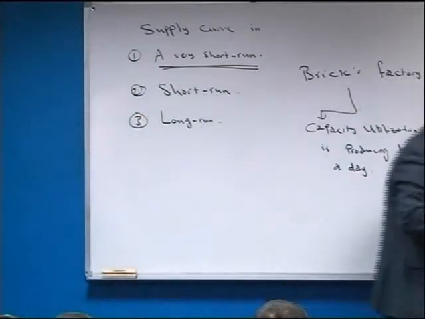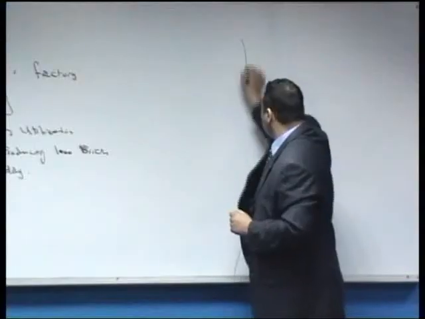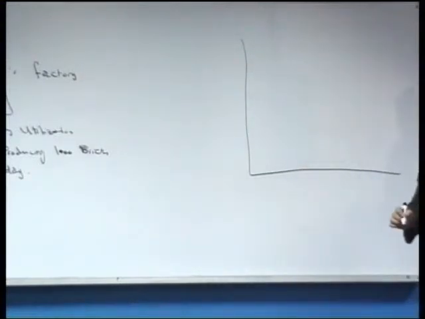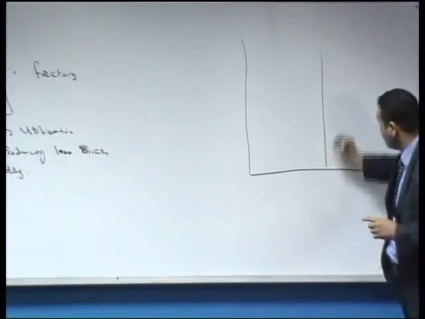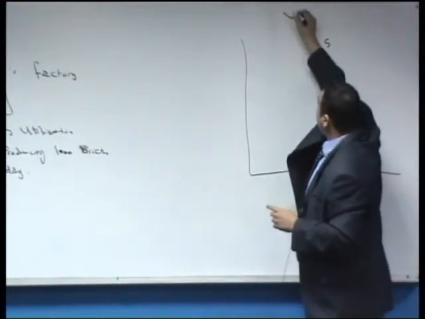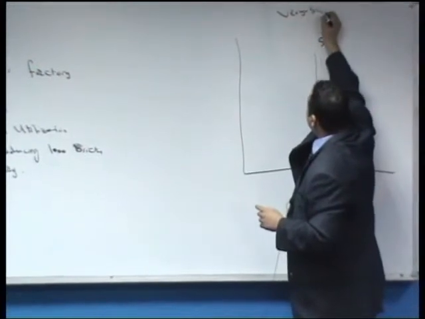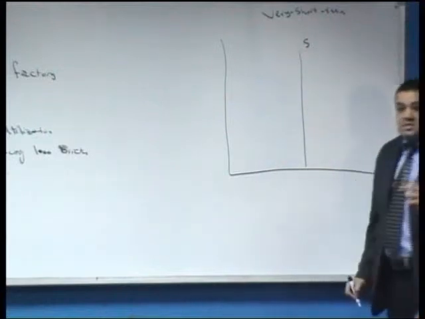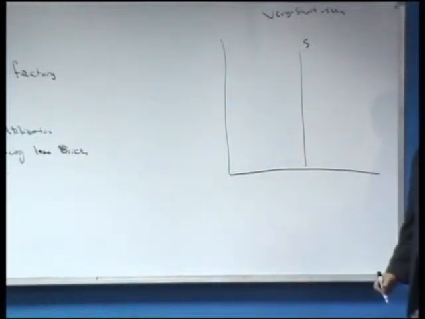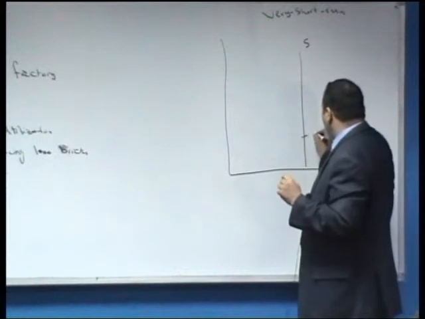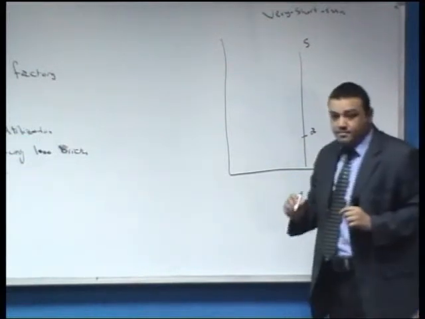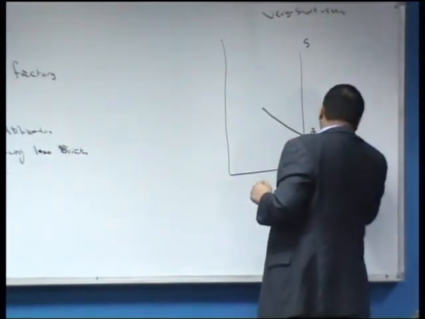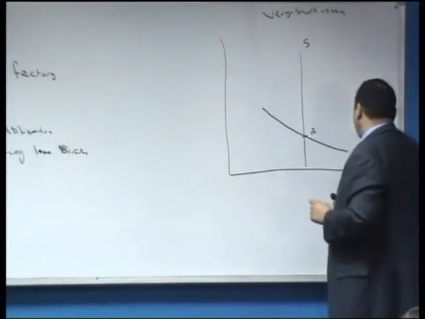In the very short run, the supply curve would be a vertical line. Why? This is the very short run. You cannot increase the quantity supplied for this product. Excellent. Why? Suppose that we were at point A and the demand is D1.